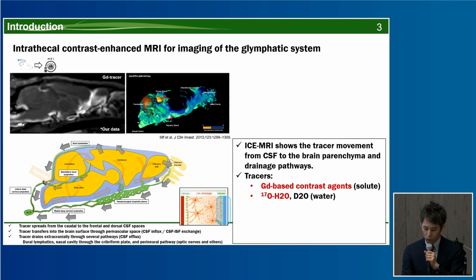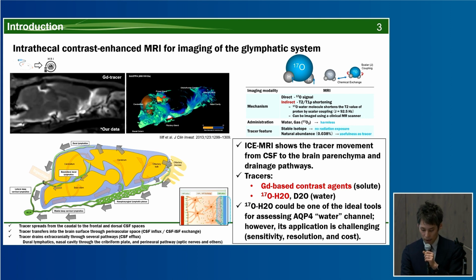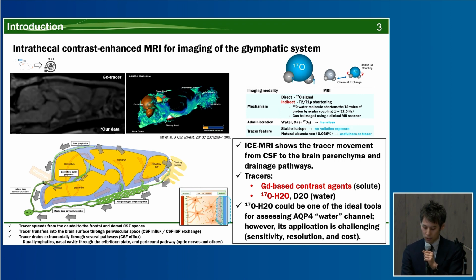However, it might not truly represent neural fluid dynamics given the distinct behaviors of solute and water molecules. As such, we advocate for the use of a water tracer as well. We have placed a particular emphasis on O17-labeled water owing to its unique advantage.